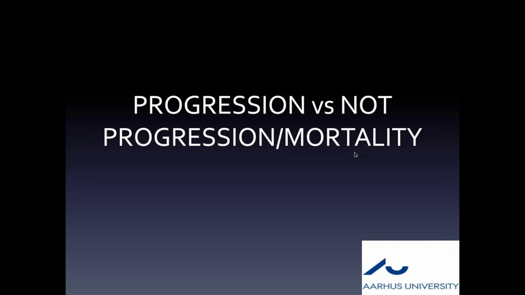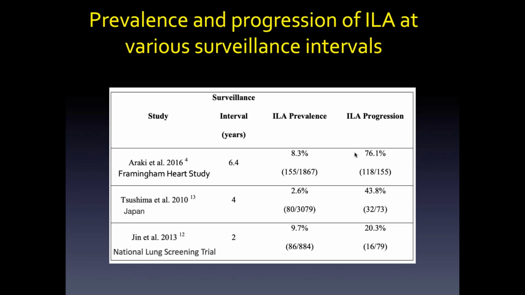Other data regard progression versus non-progression and mortality in patients with ILA. We didn't know what happened in patients when they have ILA detected by CT scan. We have some data now after these observational studies.